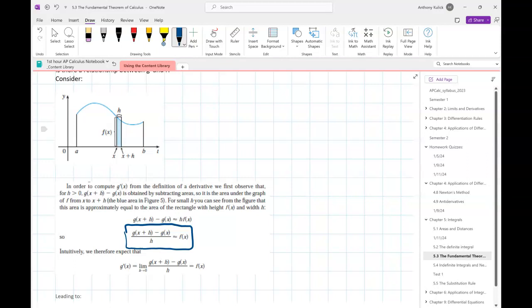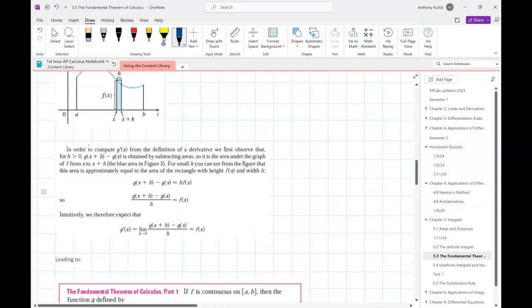The slope of the line from here to here. And intuitively, we would expect then that if I take the limit as h goes to 0, that should stop approximating f of x, but should equal f of x.